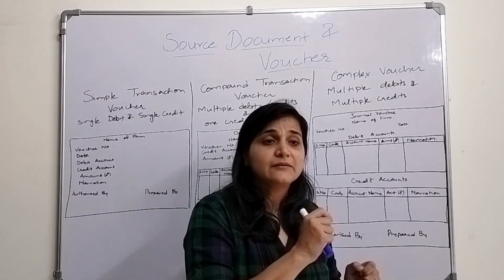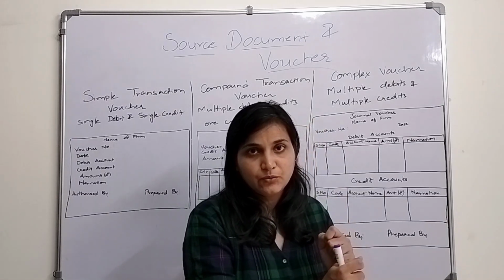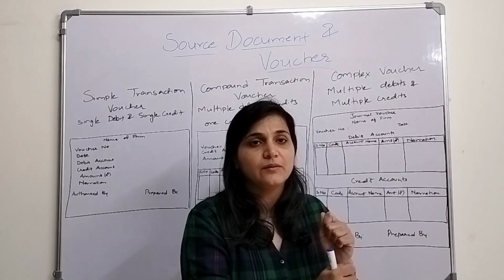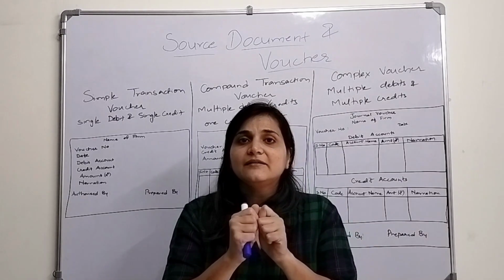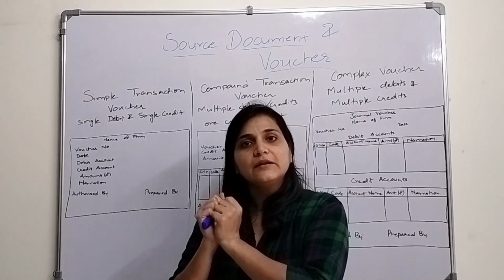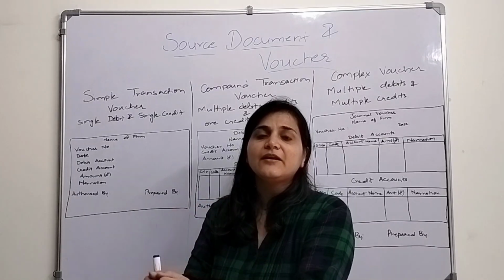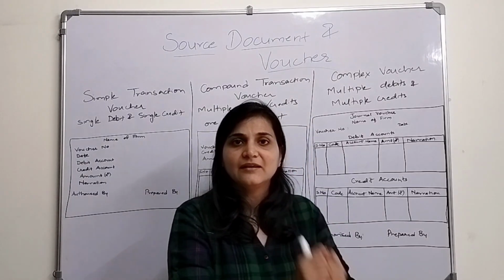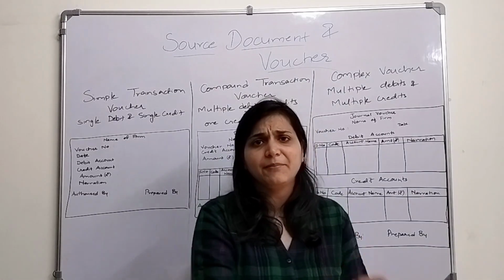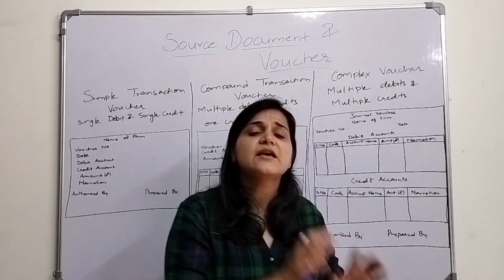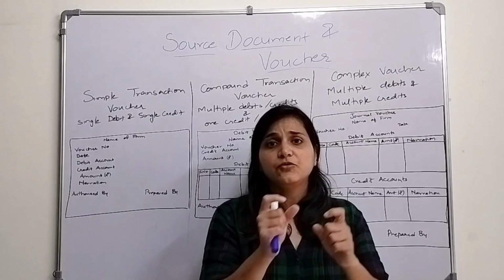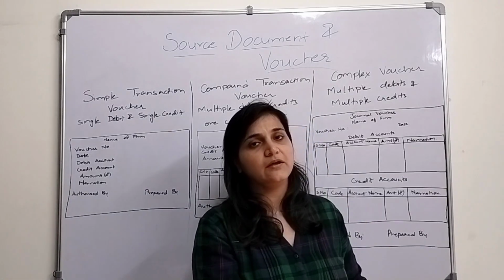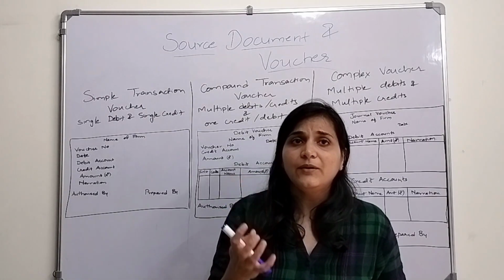If any mishap happens, if it gets stolen, then that is a proof. You can prove it in the court. You can claim that amount from the insurance company, that my vehicle was there and it got stolen or something happened to it. That receipt is a proof that yes, you parked your vehicle over there.